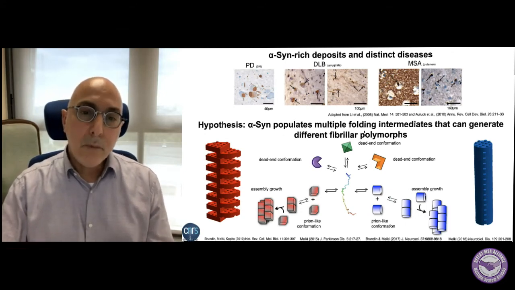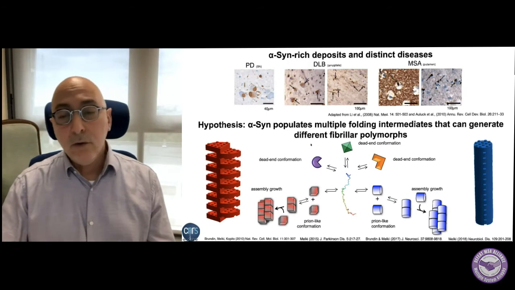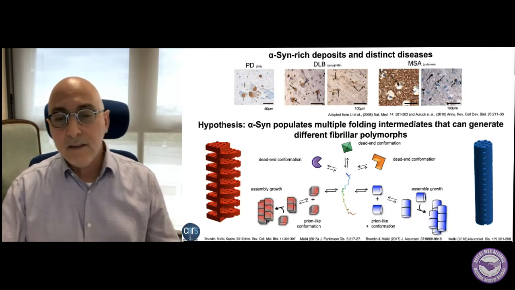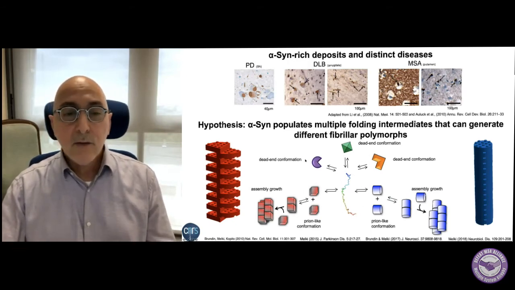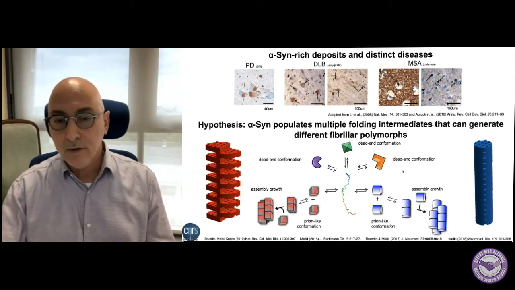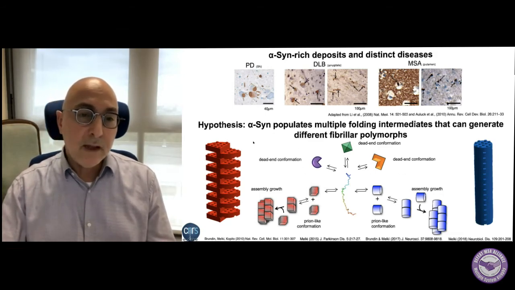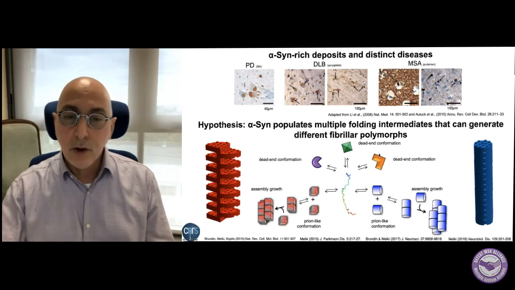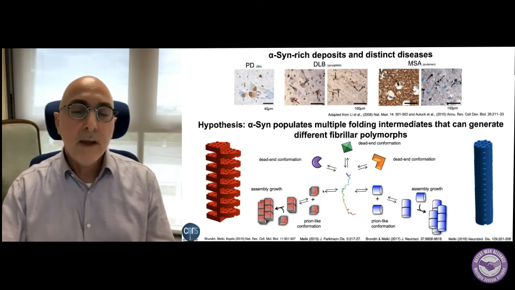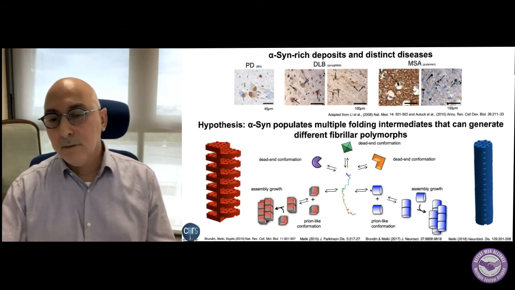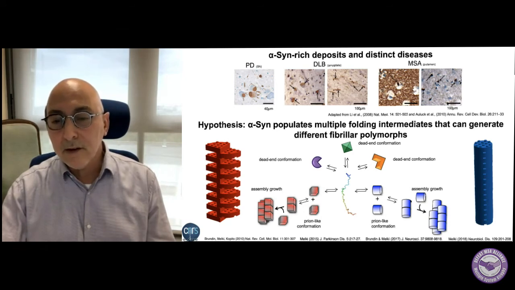I made the hypothesis, and I showed you earlier, that alpha-synuclein is a dynamic protein, so it can populate many, many conformations. I hypothesized that some of these conformations, not all, can assemble into different kinds of fibrils. This conformation here, represented by a cube, can pile up to form this kind of fibril. And this other form, represented by a cylinder, can pile up to form another kind of fibril.